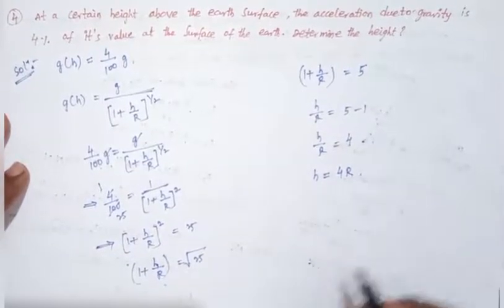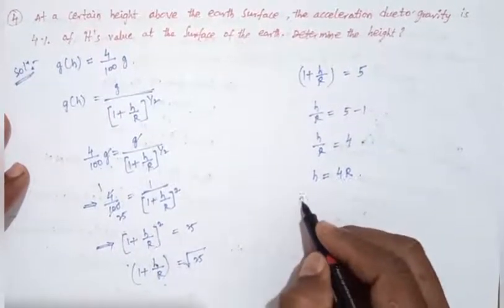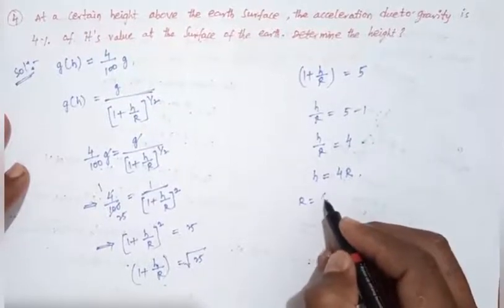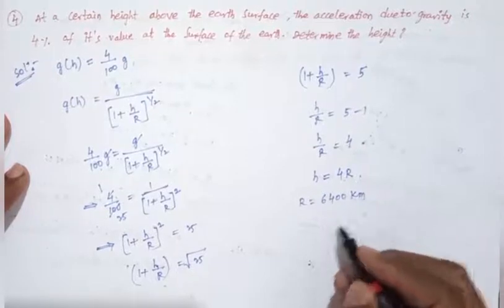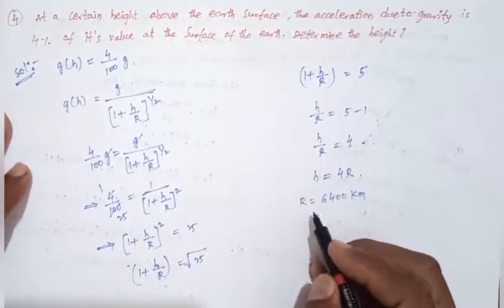Okay, in this equation, what is r value? r equals 6400 kilometers, the earth radius.